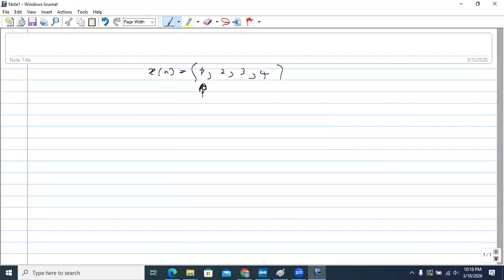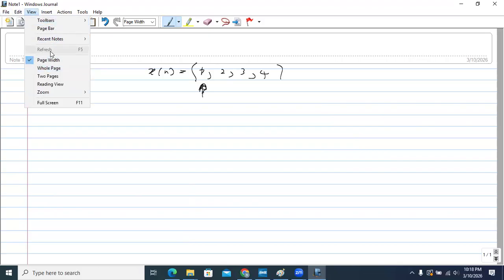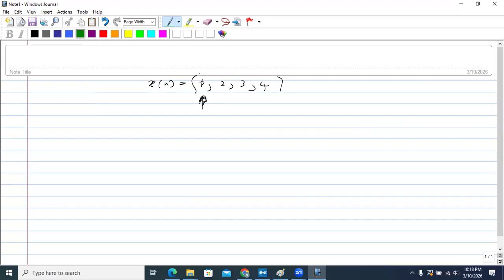If you put the arrow, that is the 0th sample. So this is the 0th sample, this is the first sample, this is the second sample, this is the third sample. So this is n0, n1, n2, n3.